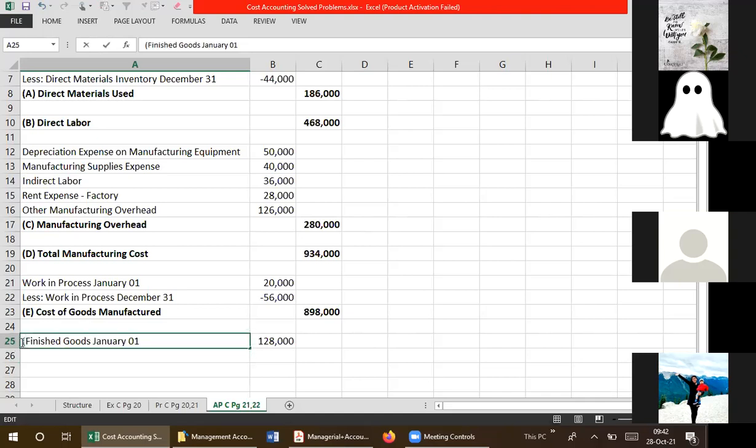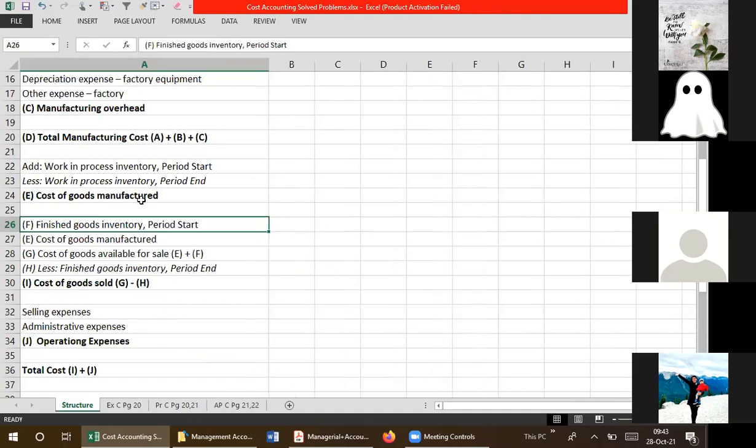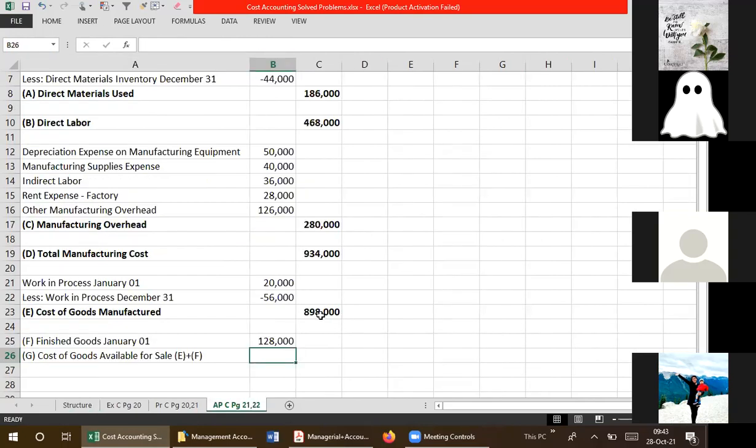So this is point G. Cost of goods available for sale is E plus F. We already have our E. Adds up to 1,026,000.